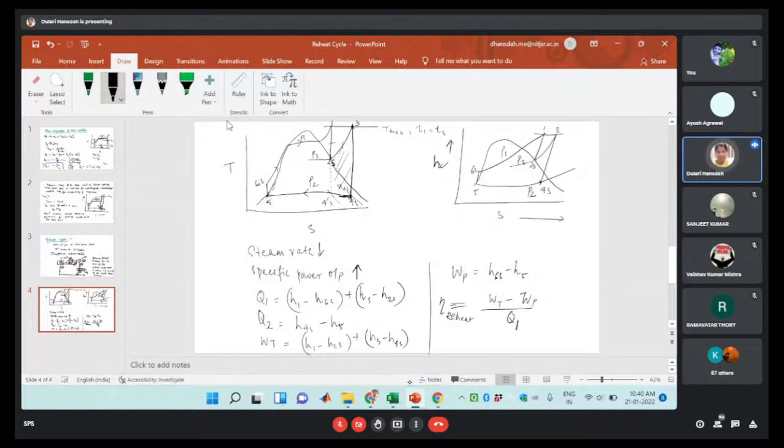Suppose your Rankine cycle is operating with a single turbine and the exhaust steam is at this condition. This will be the quality of the steam, X4 dash S. If you reheat the steam again to get superheated steam, your work output will increase and the quality of the steam will also increase.